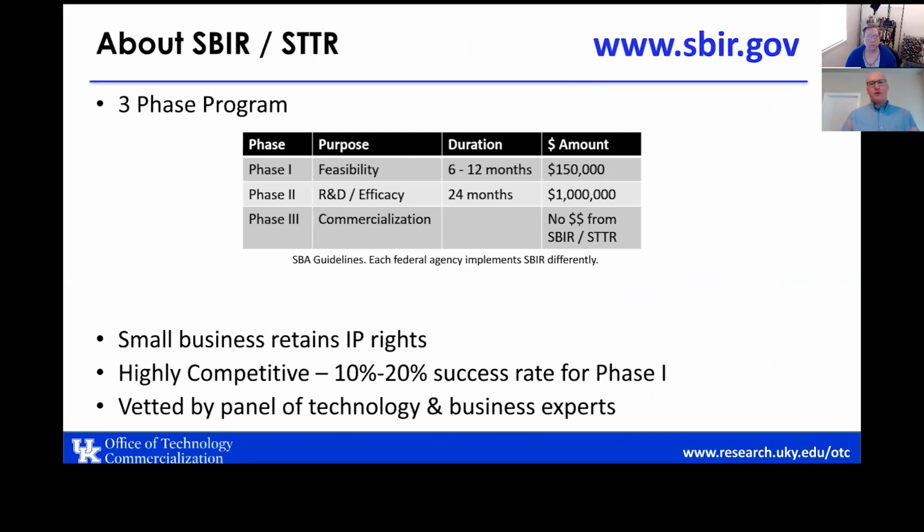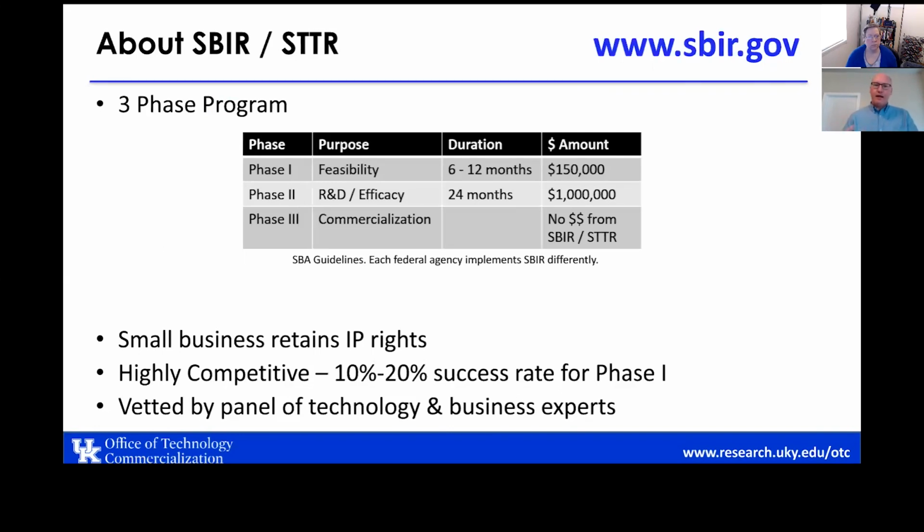Some of the larger agencies, DoD and NIH, for example, even have nuanced differences within different funding organizations within DoD and within NIH. So it's really important to understand who you're applying to, understand the rules for their particular SBIR, STTR program, and make sure that you are following those rules, because that's the agency that you plan to work with.